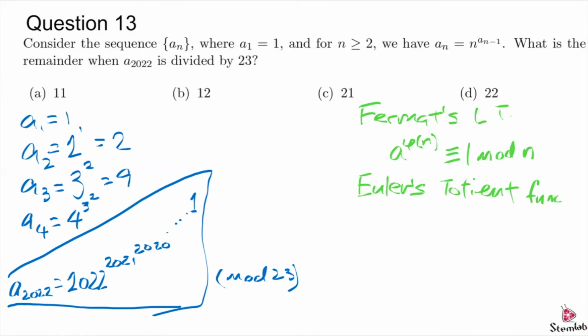So we know that we can reduce 2022, meaning we divide 2022 by 23, we can get that remainder, and we can reduce this a_2022 mod 23 into something a little simpler.